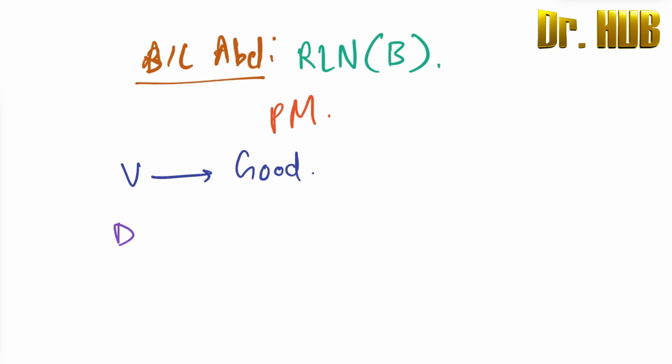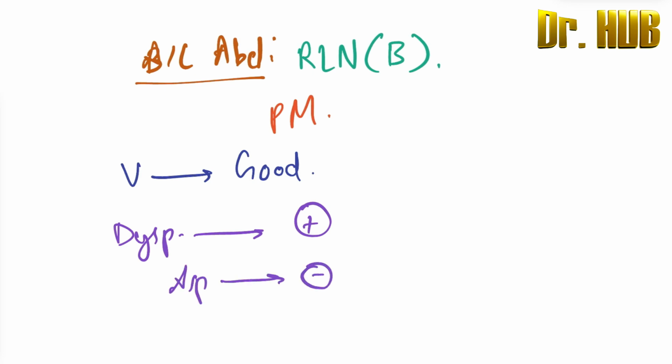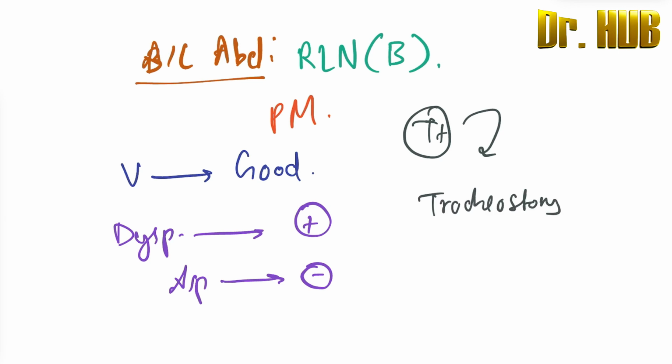Then how is the dyspnea? The dyspnea will be positive, and looking at the aspiration, it will be negative. So how is the treatment here? The treatment here is going to be tracheostomy and lateralization. So in bilateral abductor, the dyspnea is positive, aspiration is negative.